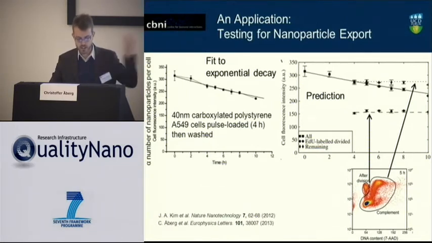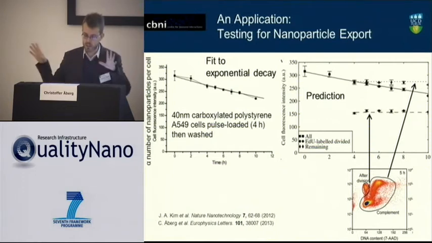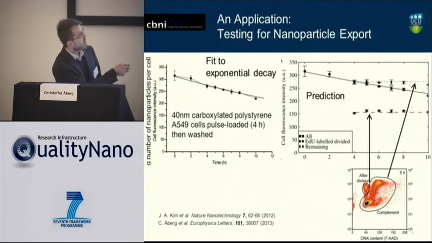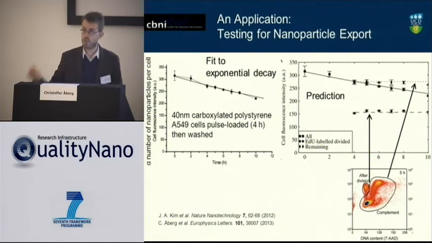So having done the fit on the left side, we can just take the model and run it and see what it gives. In this case, for two particular subpopulations of cells, and as you can see, the data points there are exactly on top of the prediction from the model. So we're fairly happy with that.